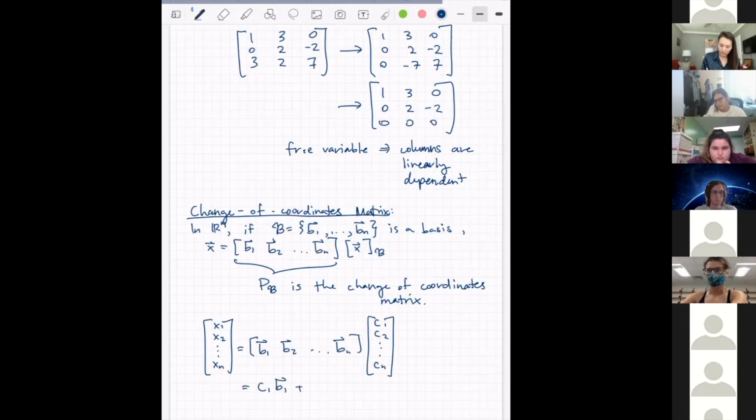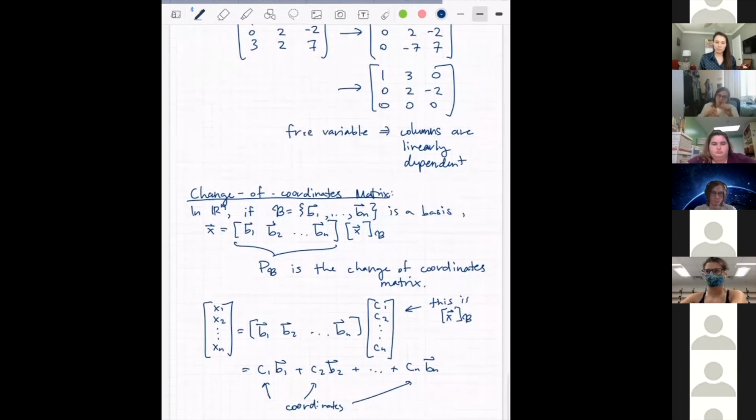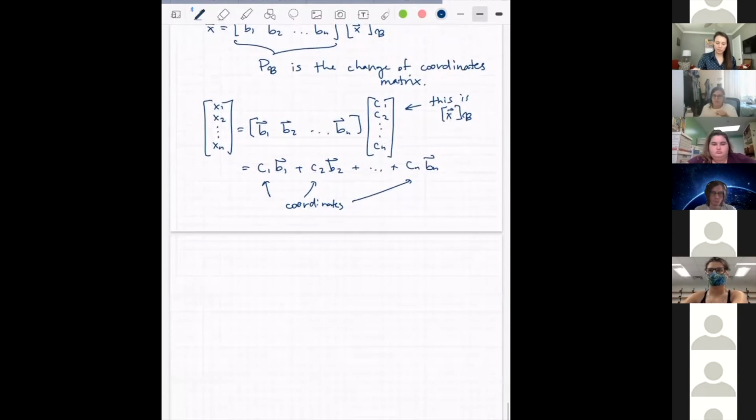So we would get C1 times B1 plus C2 times B2 up to Cn times Bn. And this was the definition of the coordinates, right? So these are your coordinates. So this matrix is your representation in terms of B.